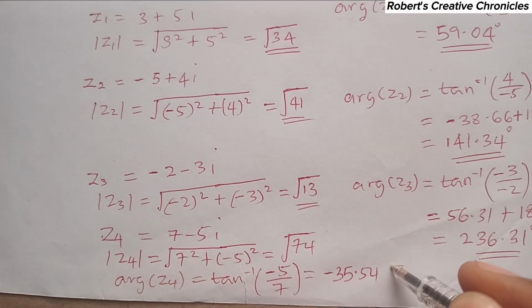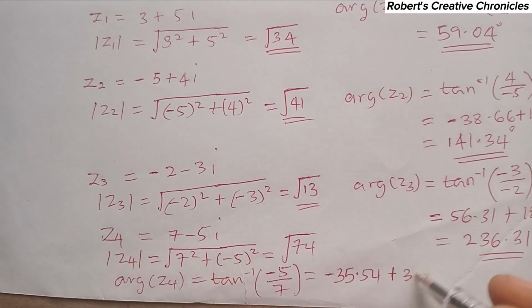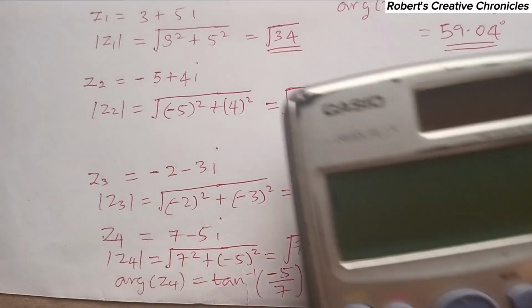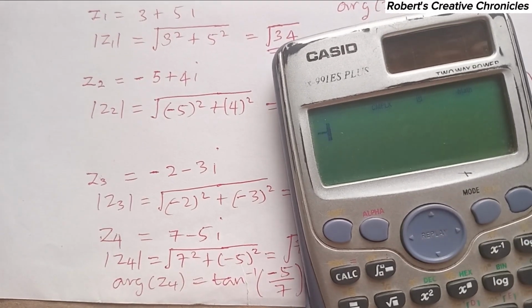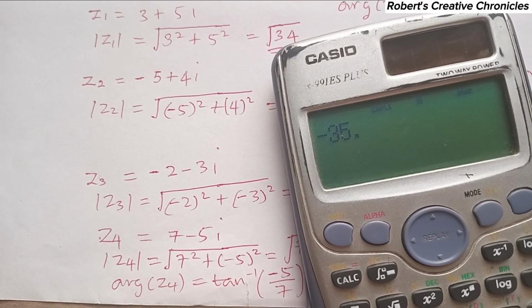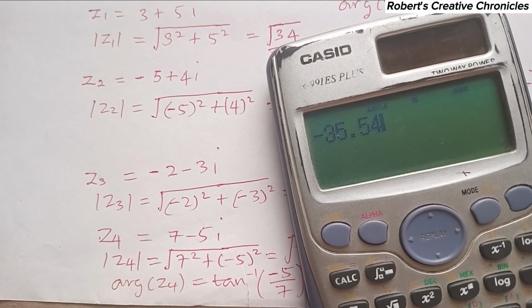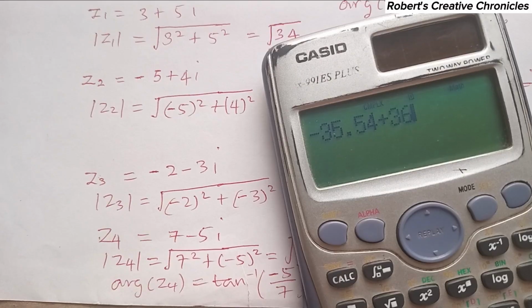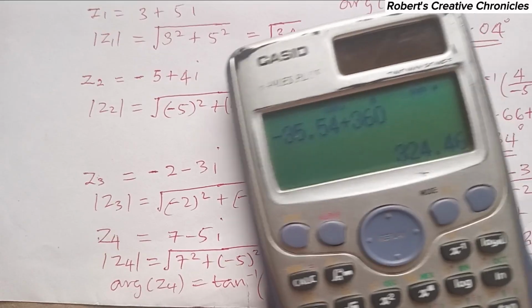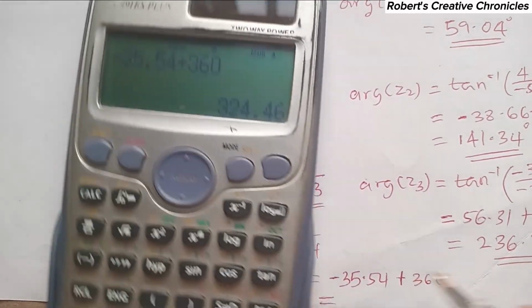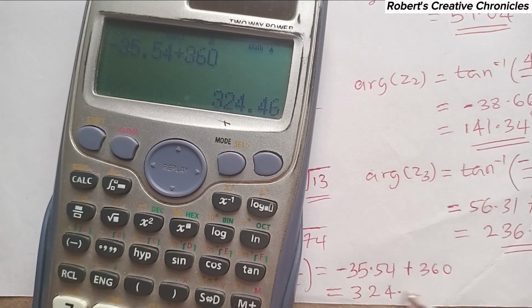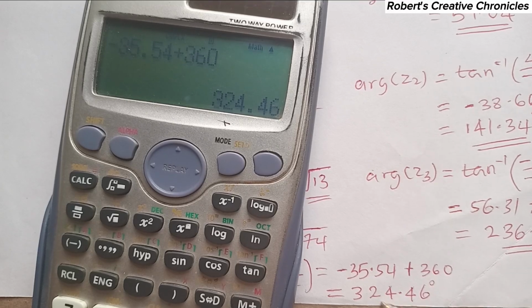So negative 35.54 plus 360 is 324.46. So this will be 324.46 degrees.